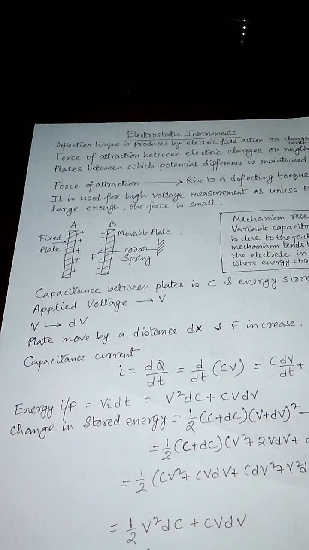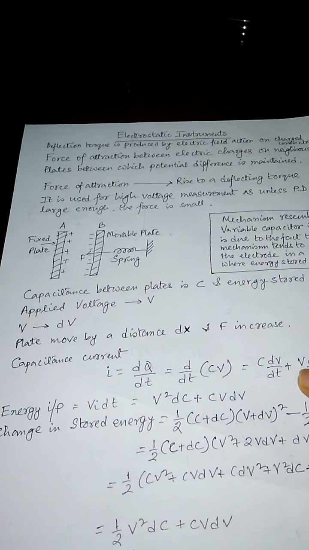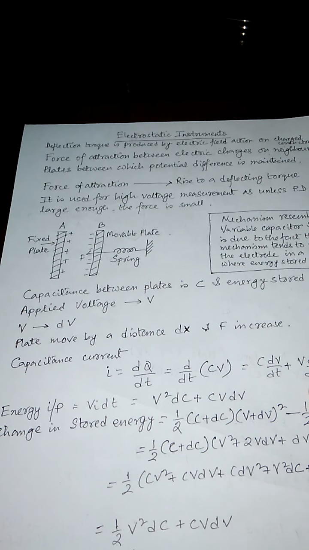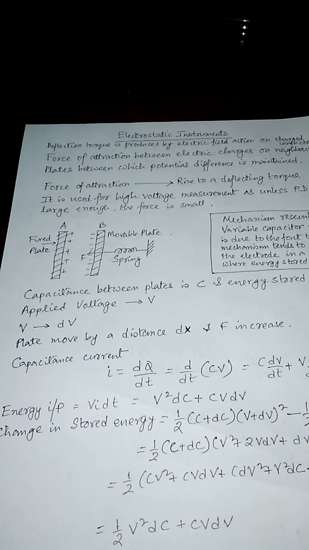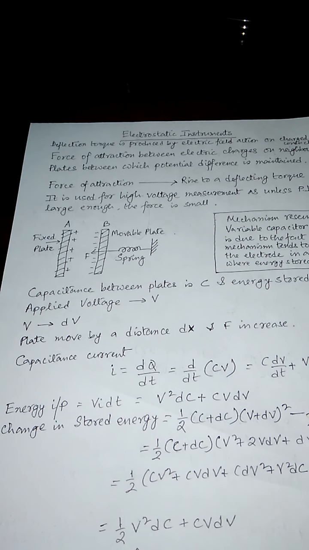Now, what is an electrostatic instrument? Previously we discussed the different types of meters and instruments, and we already covered the concepts of deflecting torque, controlling torque, etc., and the advantages, disadvantages, working principles, etc. for the other meters.